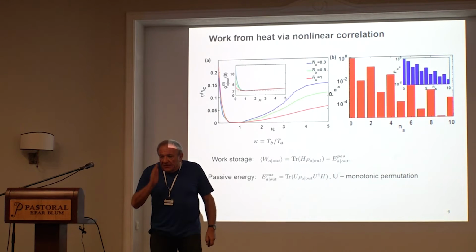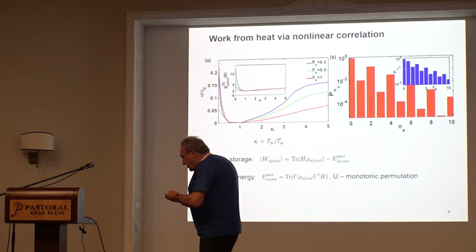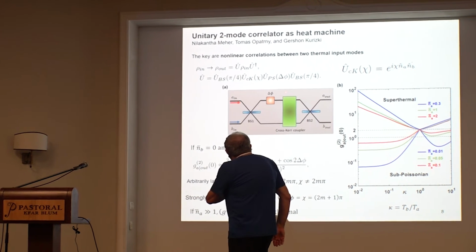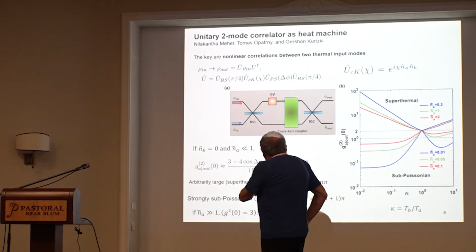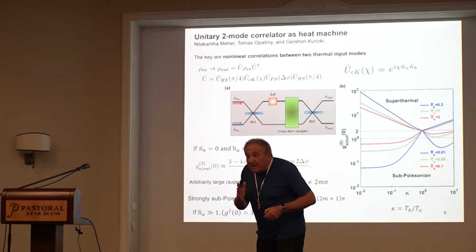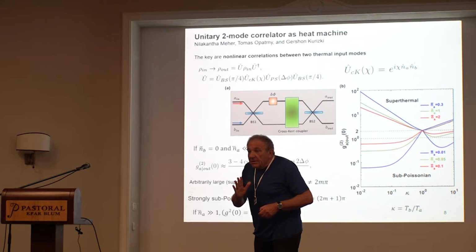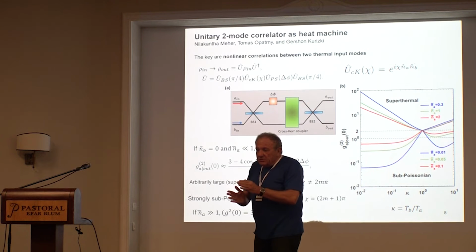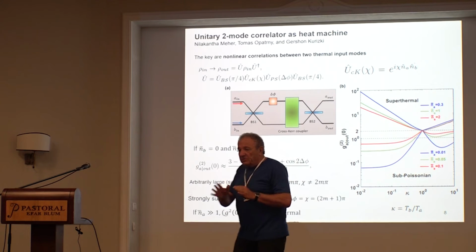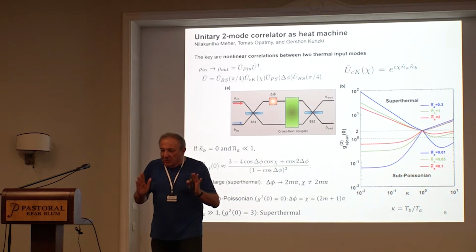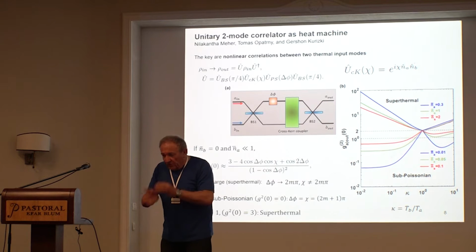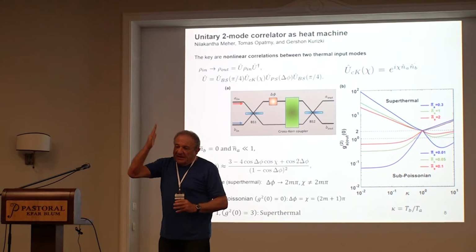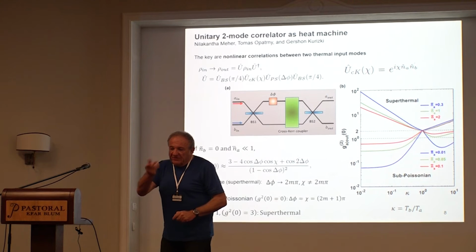Yes? What fixes which mode will have odd or even? Can I show it again? This is the mixing. What fixes which mode will have odd correlation? Both modes, each mode, all here is plotted for separate modes. And each mode becomes non-thermal, non-Gaussian with quantum statistics, which is, you know, whatever you choose it to be.